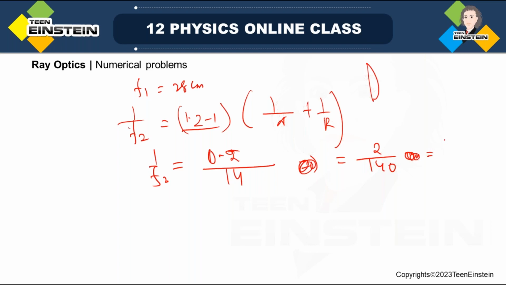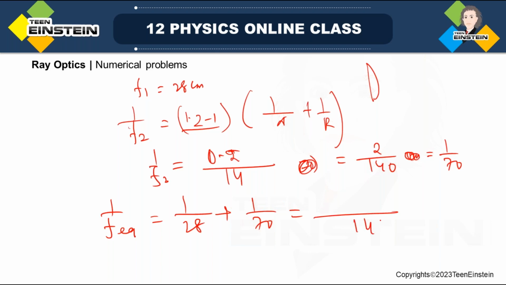Let us keep this as 1 over 70 itself. So this is equivalent to 1 over 28 plus 1 over 70. This would actually give you 140 if you just do the LCM.